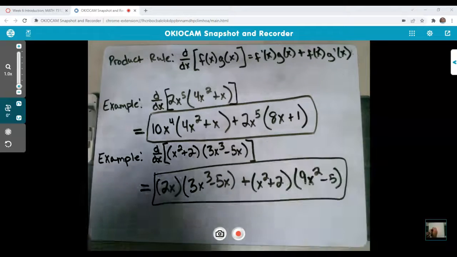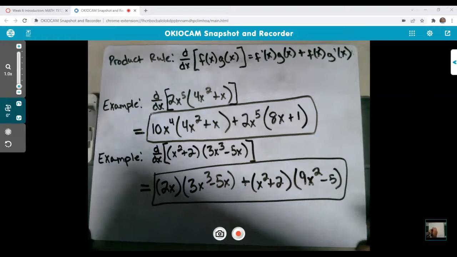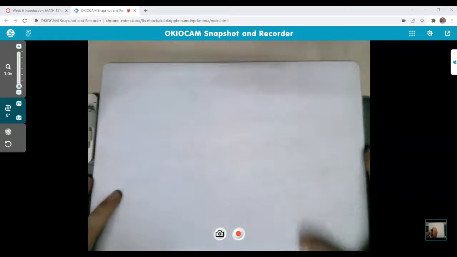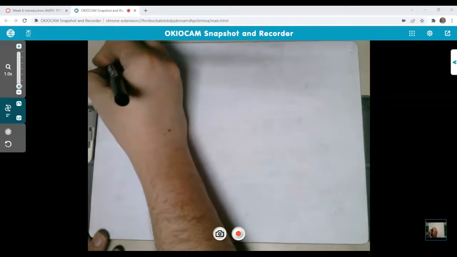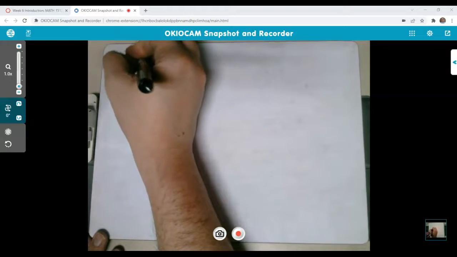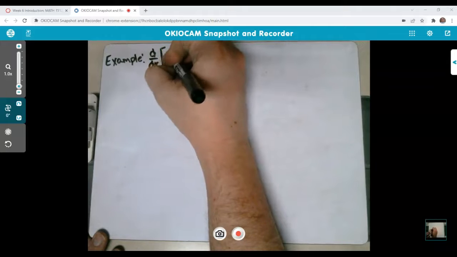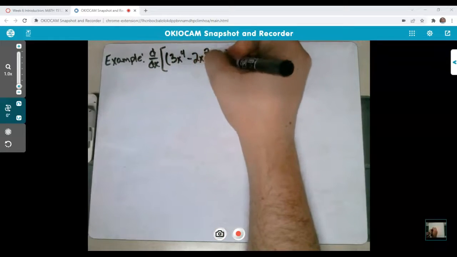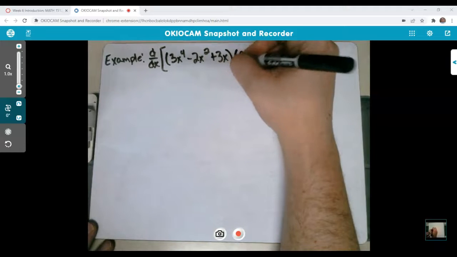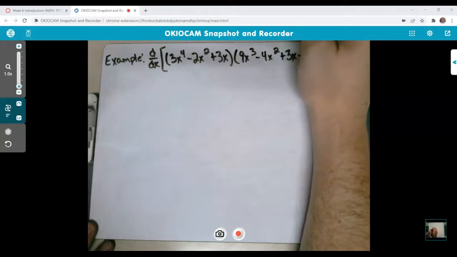We're going to do a few more examples of the product rule. We're going to find the derivative of 3x to the fourth minus 2x squared plus 3x times 9x to the third minus 4x squared plus 3x minus 2.